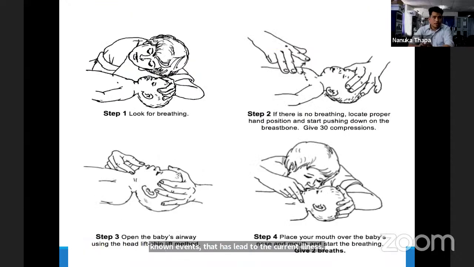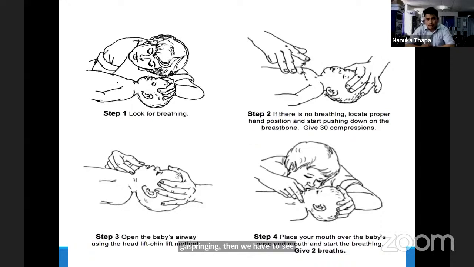So when you see any child lying down, either in the emergency or in the ward or in the ICU setup, we'll first look for breathing. If there is no breathing at all, or if there is gasping breathing, then we have to check whether a pulse is there or not.